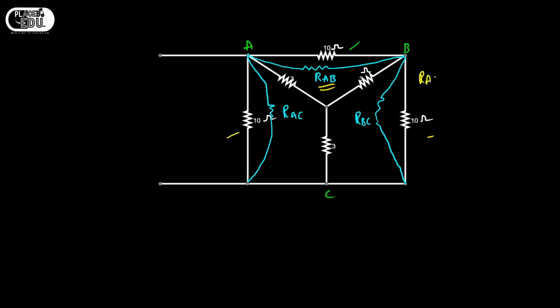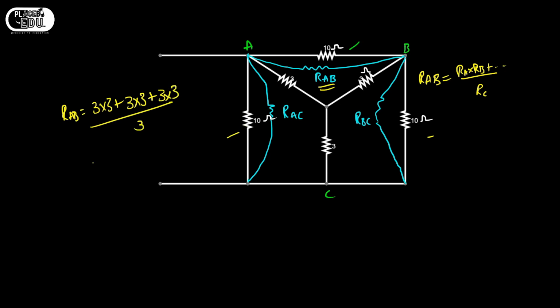Okay, now what is RAB? RAB, the one opposite to RAB is C. So I have to write here C and all the products of them. So RA into RB plus and so on like that. So RAB is nothing but 3 into 3 plus 3 into 3 plus 3 into 3 by 3.